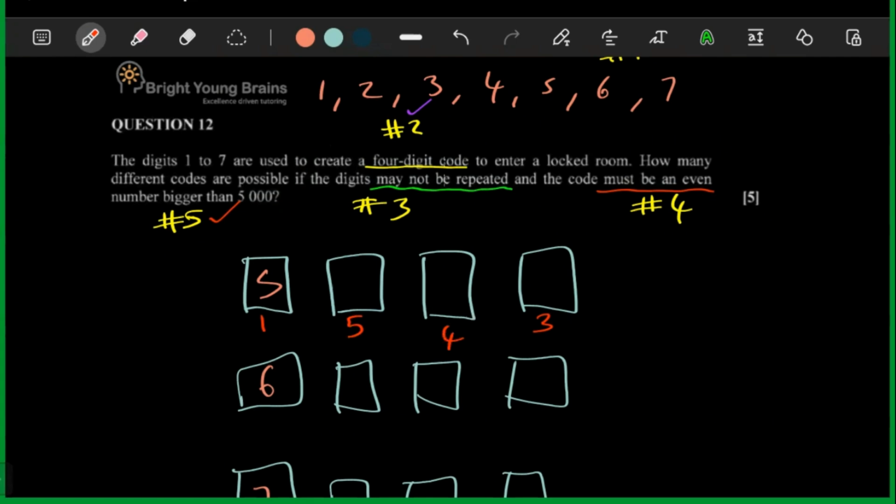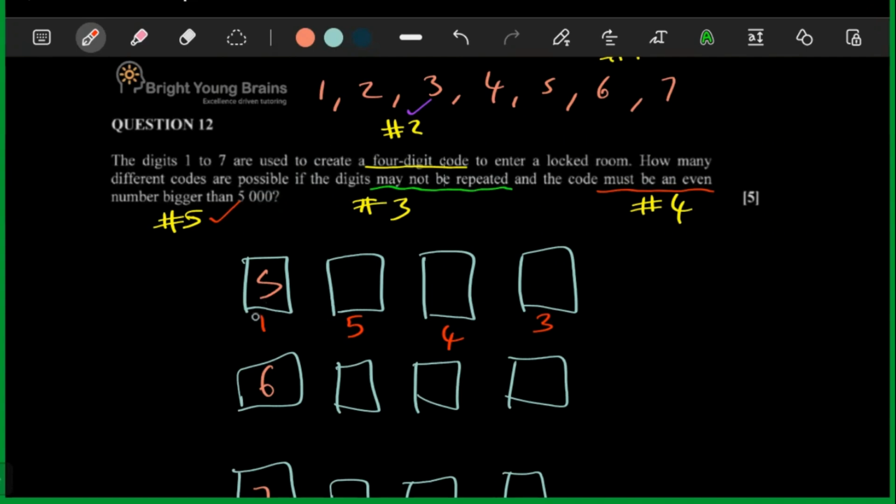So that's how you work out your total number of options for a specific slot in your question. You don't necessarily have to look at it from left going straight to the back. You have to satisfy your restrictions first. The first restriction was that it has to be 4 digits, so we put 4 positions. Secondly, we want numbers that are bigger than 5,000, so we're starting with ones that start with a 5.